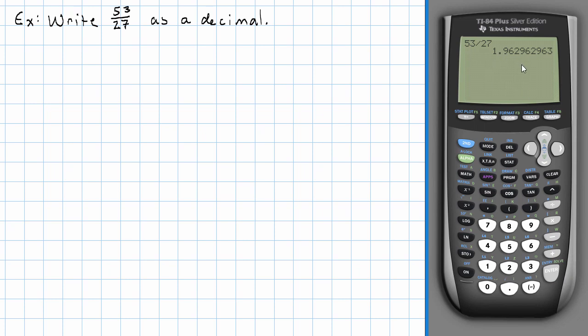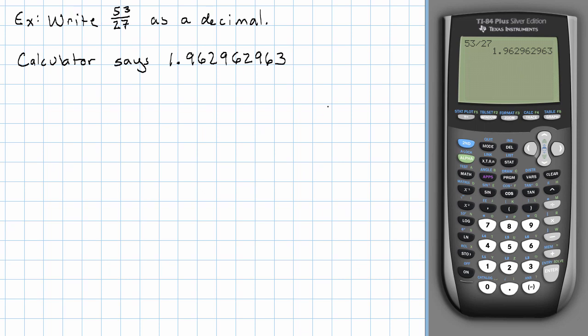And we see that this is not just one digit over and over again, right? The calculator says this decimal. But looking at this decimal, I think we can see the pattern: 962 repeating.